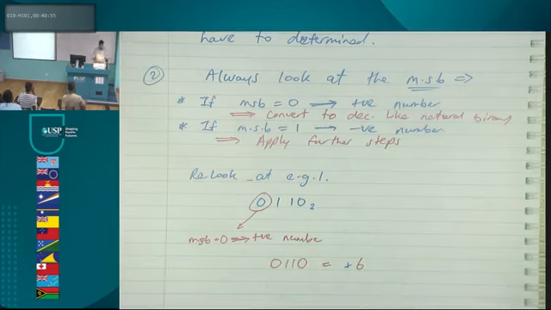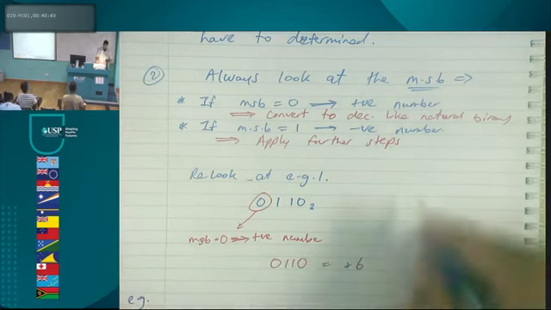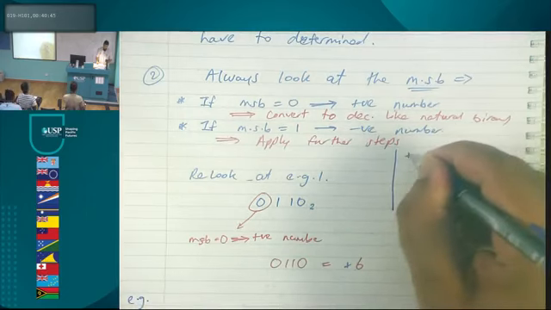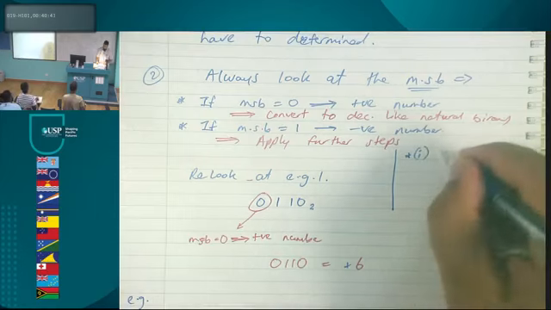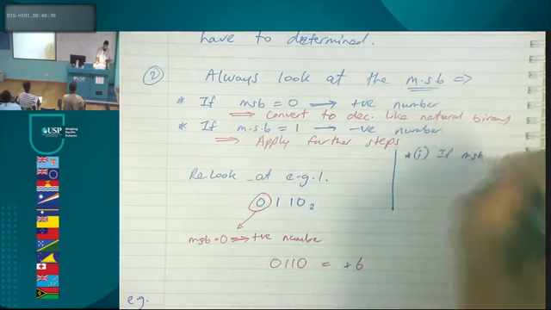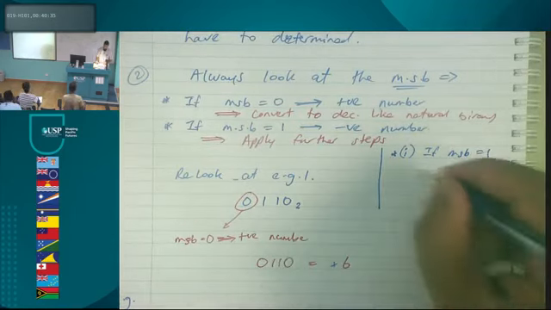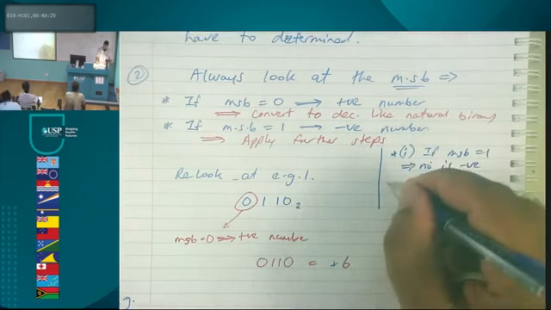Now what's the step? Let's look at example 2. The steps here, what are the steps? Let me just give you the steps. Step 1: if MSB is equal to 1, then the number is negative.